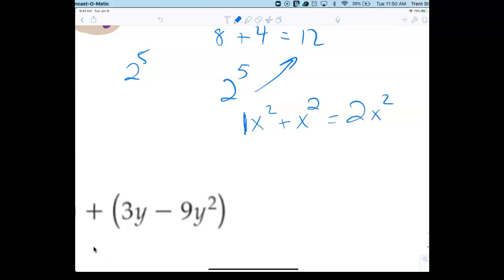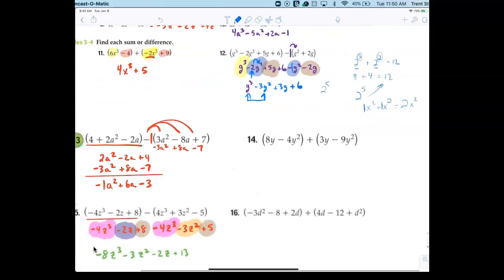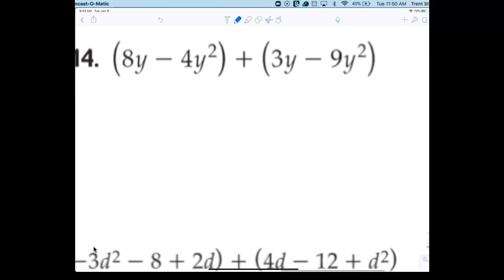Because I have 1x squared, and I'm adding another x squared. 1x squared plus 1x squared is 2x squared. It has nothing to do with changing the exponent. When you're adding, you cannot combine terms unless the monomials are exactly the same. All right, hopefully that helped. All right, so now let's take a look at 14.